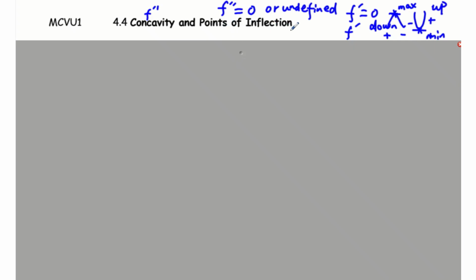So a point of inflection is where f double prime equals 0 or f double prime is undefined, and it changes the concavity. This is concave down. This one is half of this part up. If it's changing from down to up, then we call it a point of inflection. If it doesn't change, then we don't call it a point of inflection. Okay.